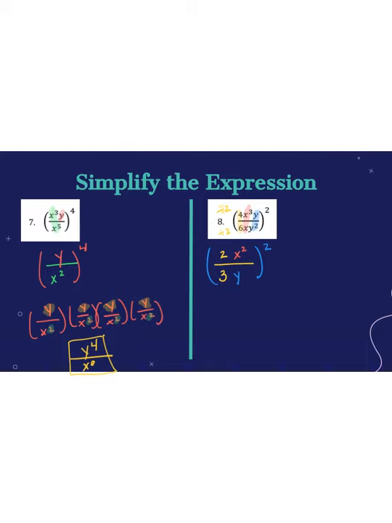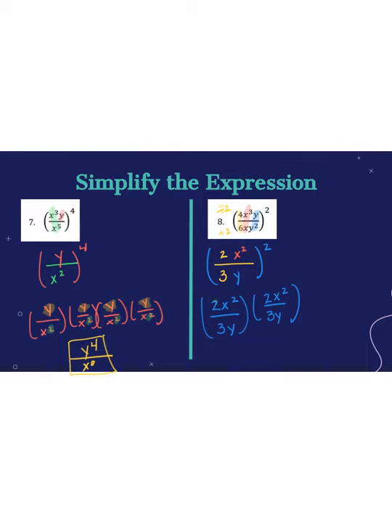Now, because it's raised to the second, I'm going to rewrite that whole thing 2 times. So 2x squared divided by 3y, and one more time, 2x squared divided by 3y. Now I'm going to start with my coefficients.